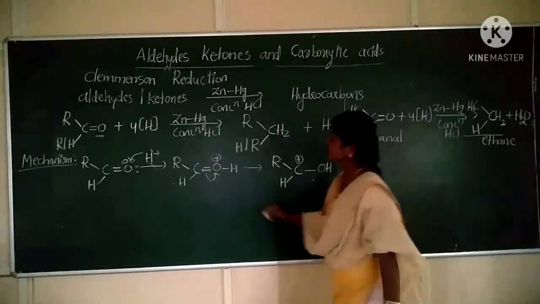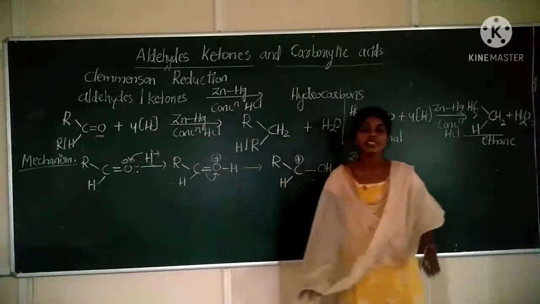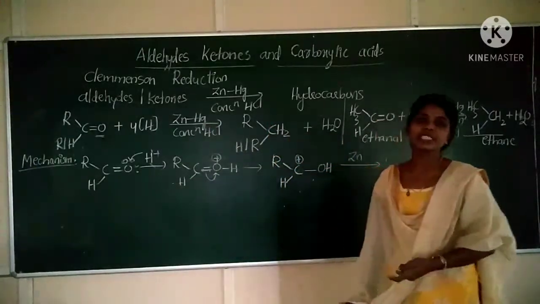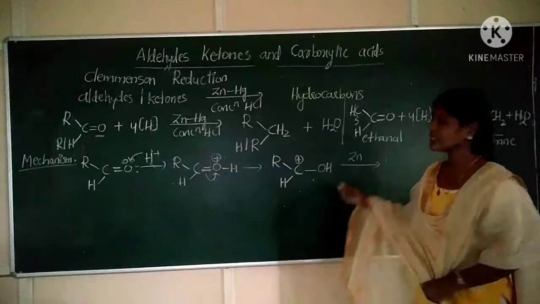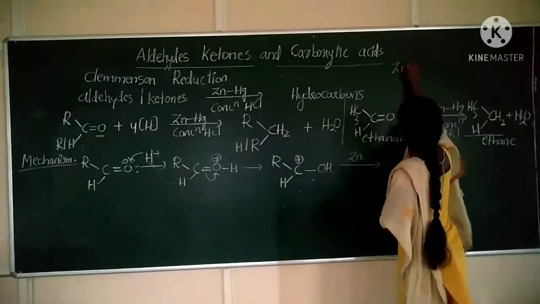Now, we are taking zinc metal, correct? Zinc can easily donate 2 electrons. Yes, zinc configuration is 3d10 4s2.